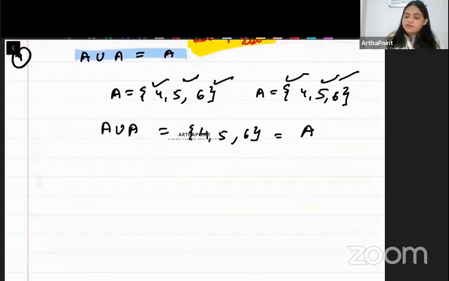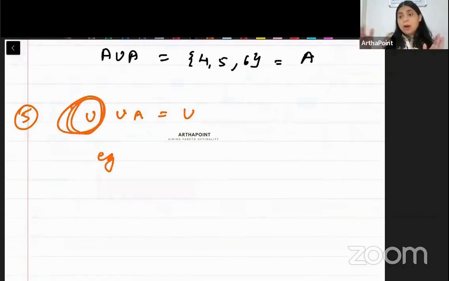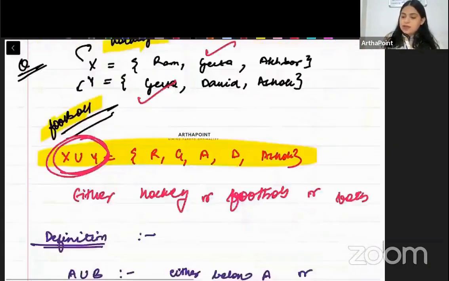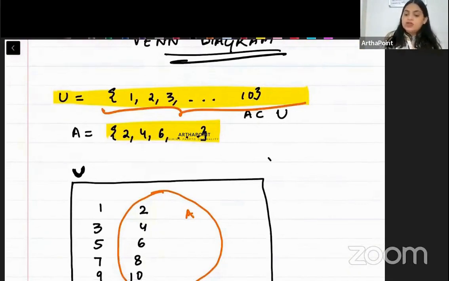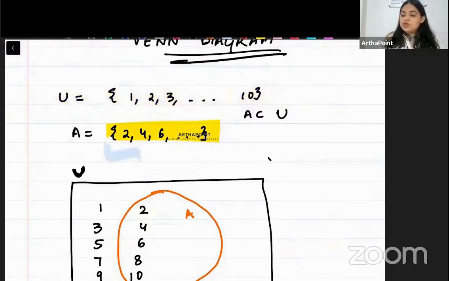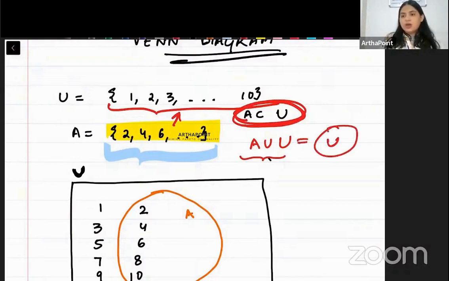Okay. Fifth, U union A is U. Take an example. बेटा U is the universal set, सबसे बड़ा सेट, जैसे हमने यहां लिया था। सो यहाँ पे यूनिवर्सल सेट क्या था मेरा? यूनिवर्सल सेट सारे नेचुरल नंबर फ्रॉम 1 to 10 थे। जो मेरा A था, it was only the even numbers 2 4 6 8 10, है ना। अब अगर मैं A और U के सारे एलिमेंट्स लूं तो U में तो सारे एलिमेंट्स वैसे ही आ रहे थे A वाले। A was just a subset of U. So when I will find the union of the two things, when I want to include every element of A and every element of U, it will just be U na.